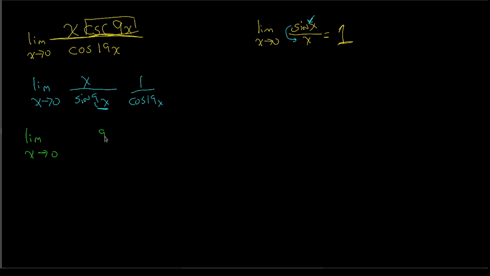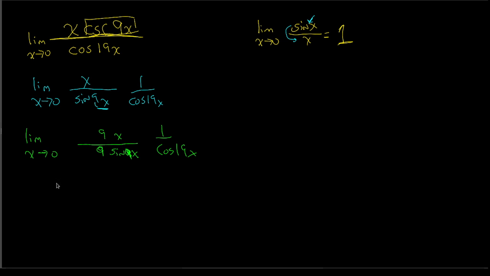I need 9x over sine of 9x. But to multiply the top by 9, I need to multiply the bottom by 9. Right? Our mathematician's trick: multiply by 1, and use a form of 1 that we multiply by. That works through. So we get 1 over cosine 9x.